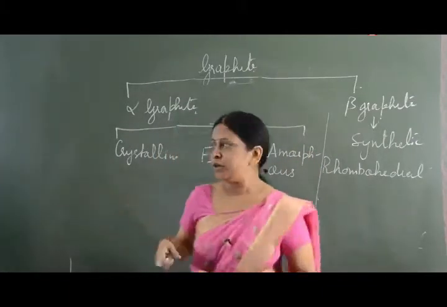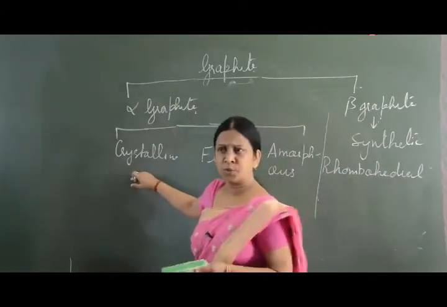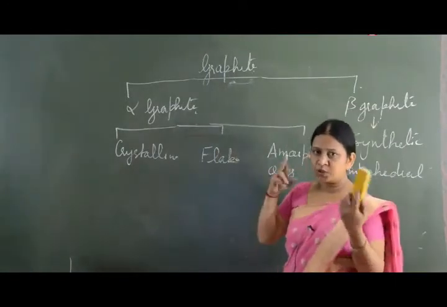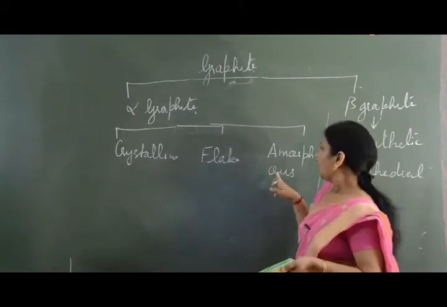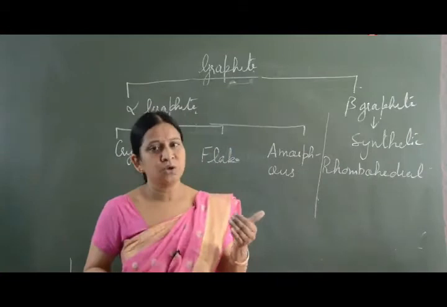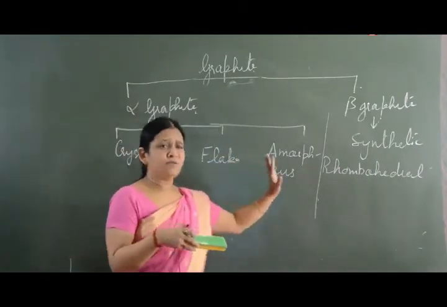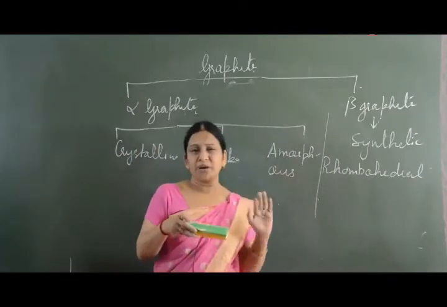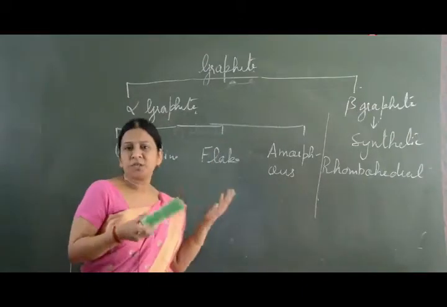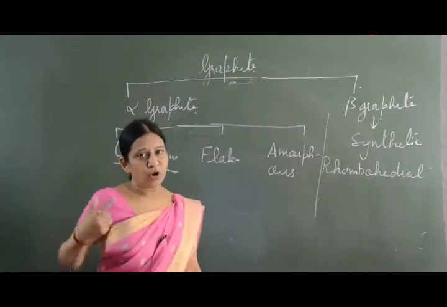The difference between crystalline and amorphous is that in crystalline the arrangement of constituent particles is regular, whereas in amorphous structures the arrangement of particles is not regular. But when we come to graphite, amorphous doesn't mean that the arrangement is not regular. We are going to talk in terms of crystal structure only. So here the constituent particles have a regular arrangement.